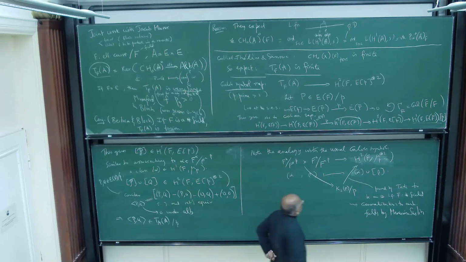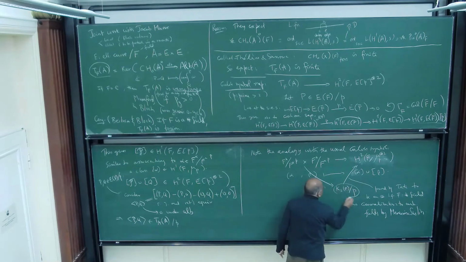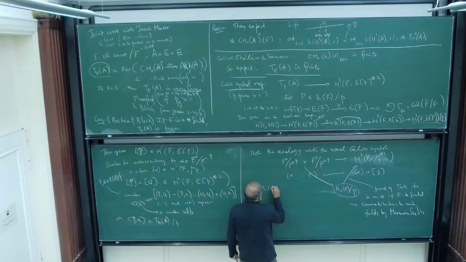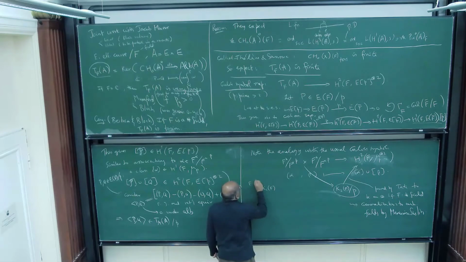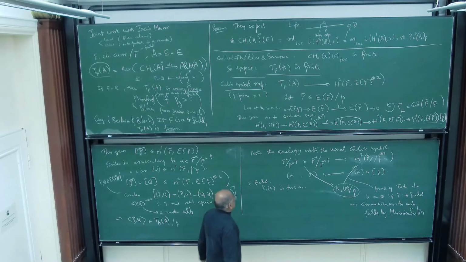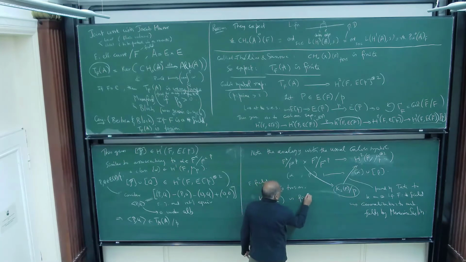Okay, so therefore this is very similar to this here, but there's one main difference, by the way. This K2 of F, if F is a number field, K2 is torsion, but it's not finite. But K2 of the ring of integers of the number field is finite.